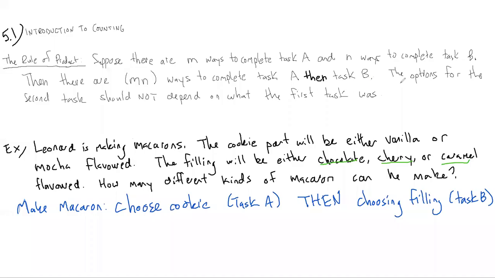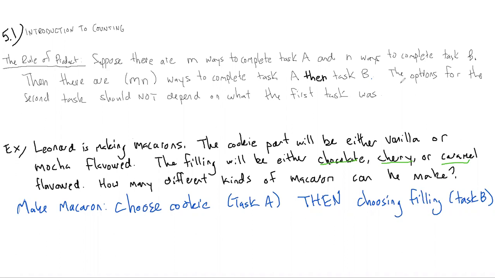Okay, so the options for the second task should not depend on what the first task was. So for example, what we're saying with these macarons is that any of the cookie part can go with any of the filling parts. So it doesn't matter what we've chosen for the cookie, any filling is going to work.